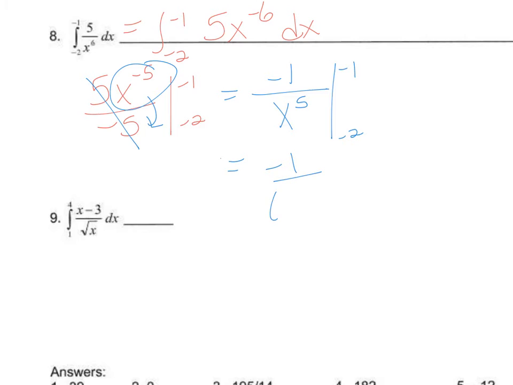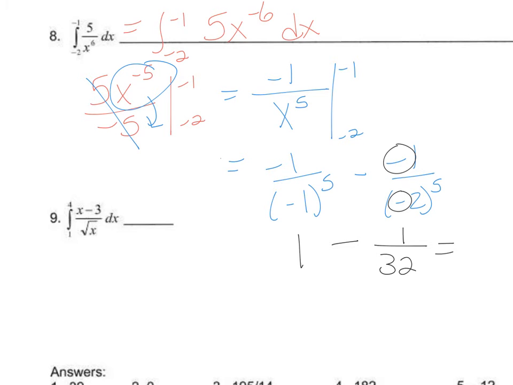And then plugging in my numbers. We get -1 divided by -1, so that's +1, minus, and then the -2 to the 5th is still negative. So this negative divided by this negative are positive, and 2 to the 5th is 32. So our answer is 31 out of 32.